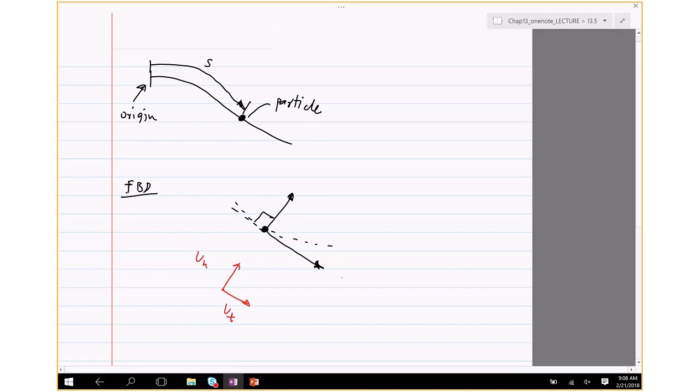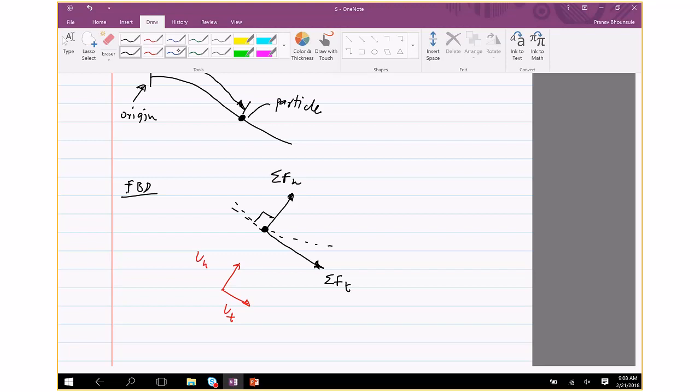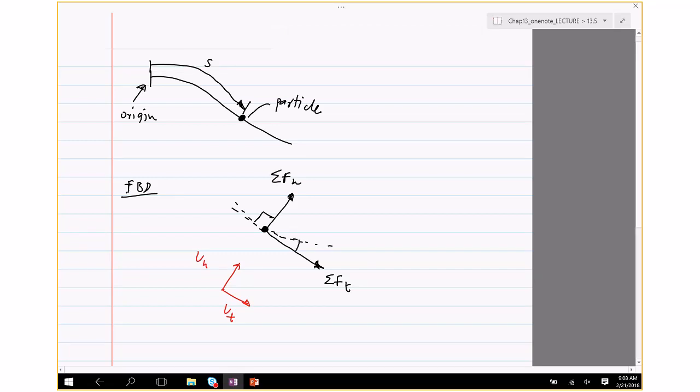So force along T, force along N. So if you have gravity, friction, whatever you have, you've got to resolve it along the tangential and normal coordinates, not along i and j. So once you do that, there's another point, let's call this theta, okay? And I'll show you how to find theta. It will be important later on.